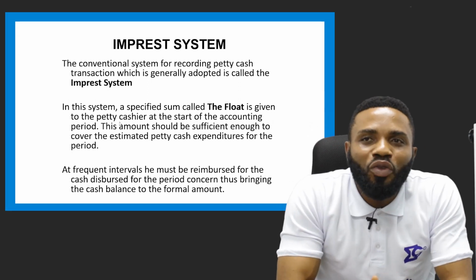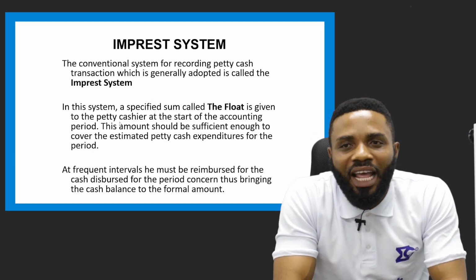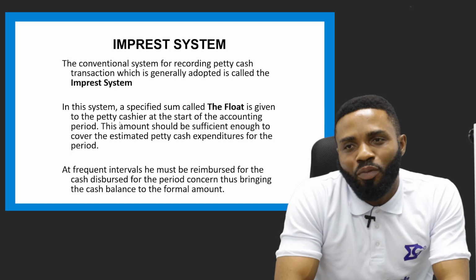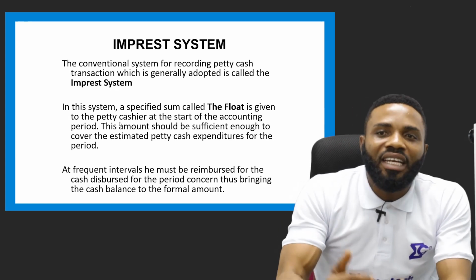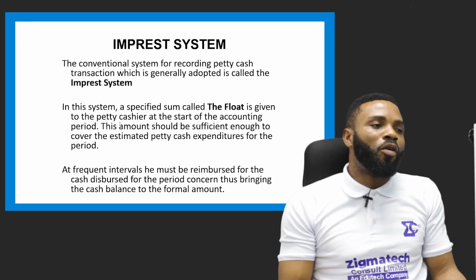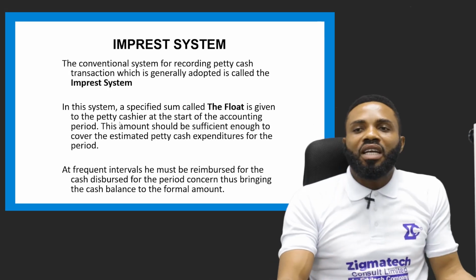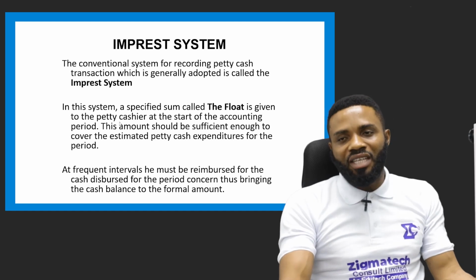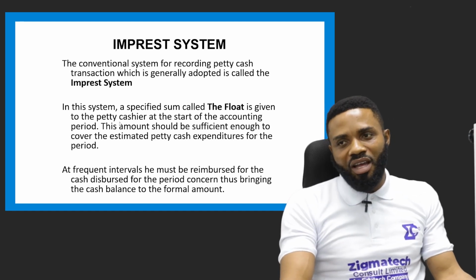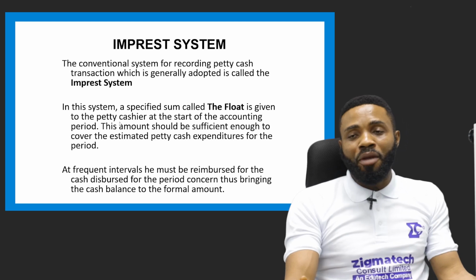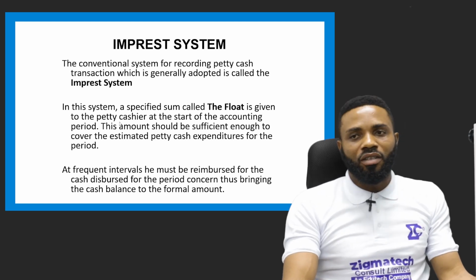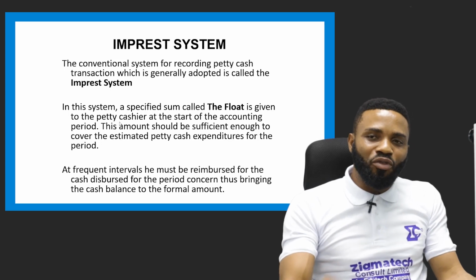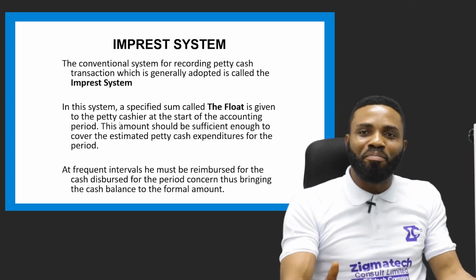Now, the last thing I want to explain about the Imprest system is that at frequent intervals, it must be reimbursed for the cash disbursed for the period concerned, bringing the cash balance to the normal or the former amount. You gave the petty cashier 200,000 at the beginning of the month. Let's assume it's on a monthly basis. And then the petty cashier was able to spend 150,000. That 50,000 that is left with the petty cashier is what we call the balance.